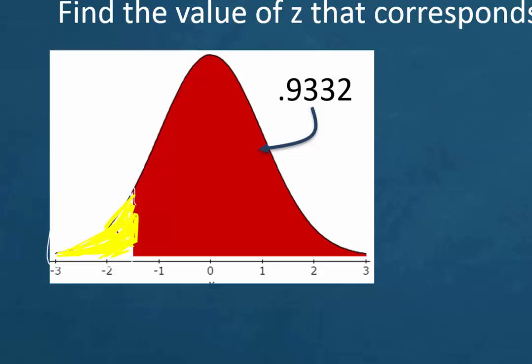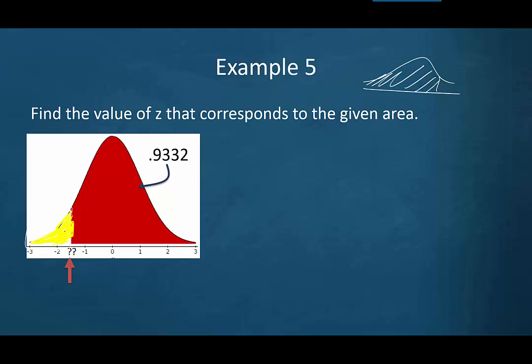Well, we know that these two areas here, the red and now the yellow, need to add up to 1. So I just need to subtract 0.9332 from 1. And that's going to help me find this value here, somewhere between -1 and -2. So 1 minus 0.9332 is 0.0668. Again, think about what we just found.